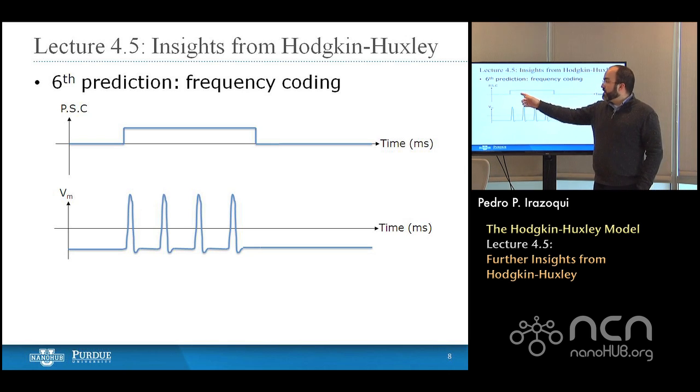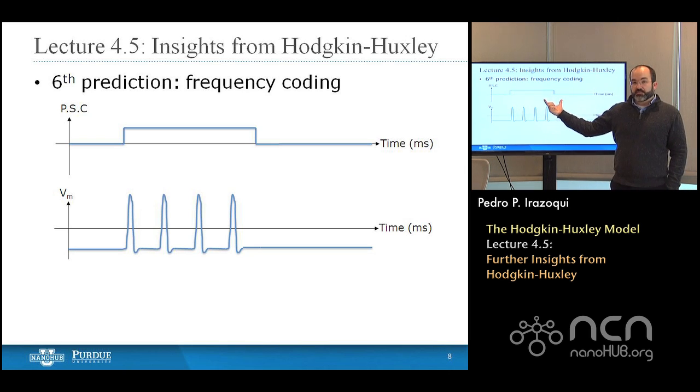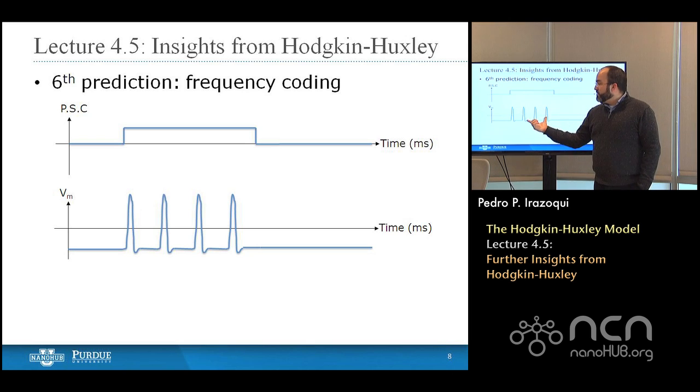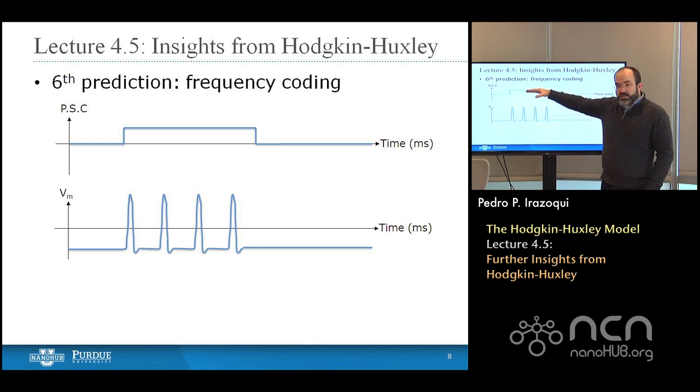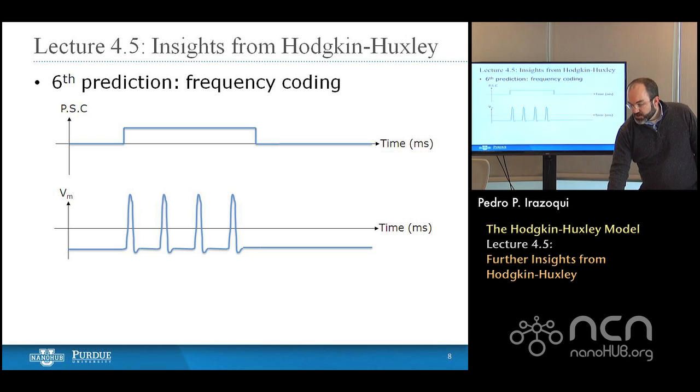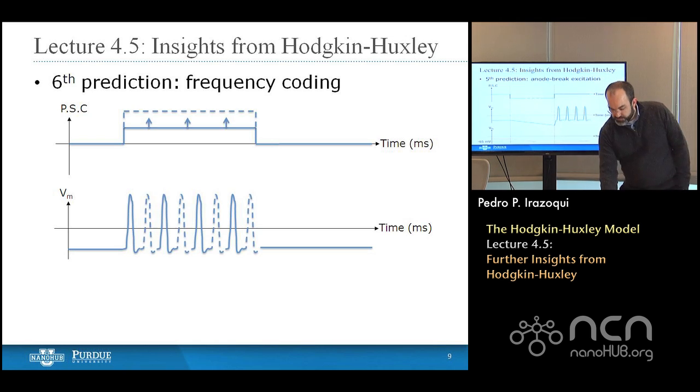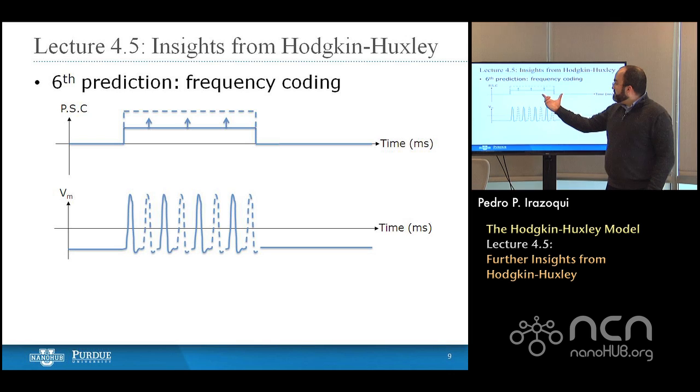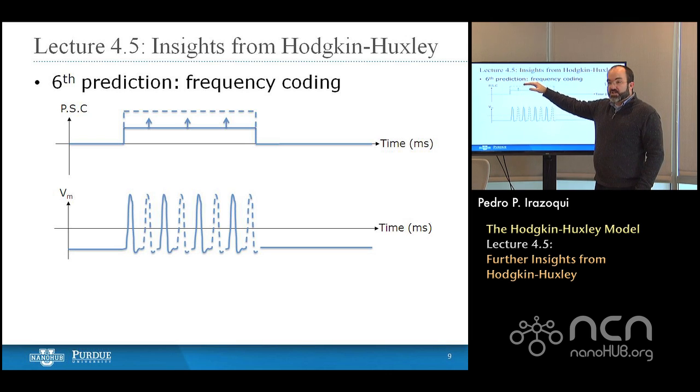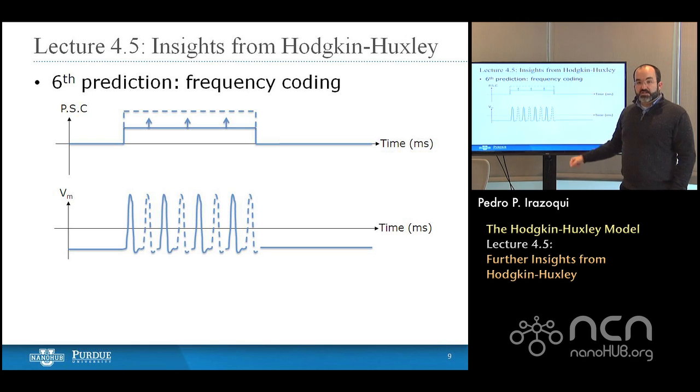But here what we're seeing is we have a stimulus over a short period of time, and in this short period of time, we're going to see a certain number of action potentials. If we then increase the stimulus level, so it's the same period of time but the stimulus level goes up, we're going to see, as we move from the solid line to the dashed line, additional action potentials at these dashed lines.